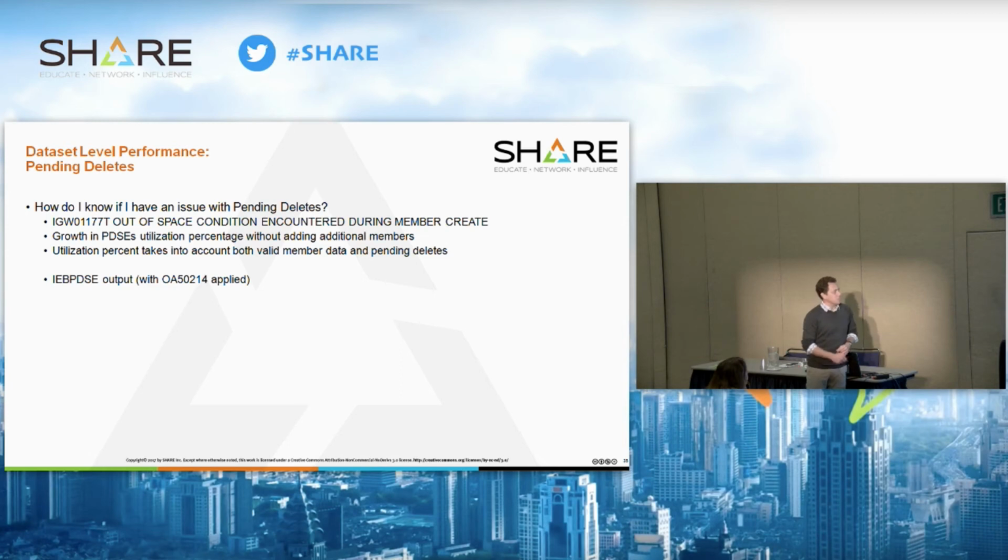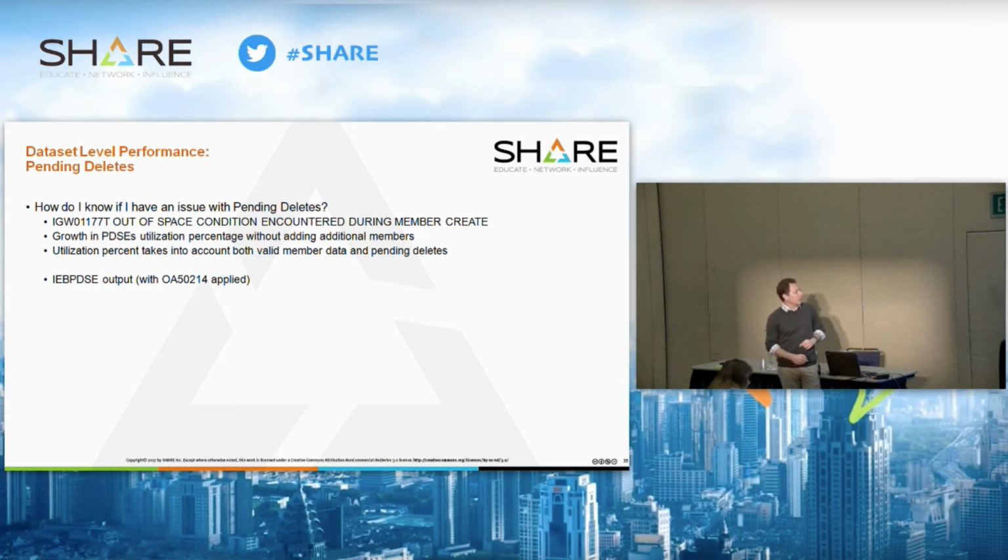That's because your utilization percentage in the I display takes into account both your current member data and whatever pending delete data is still in the data set. So depending on the number of pending deletes, your 50 members could take up 25%, 50%, or 90% of the usable space in that PDSE, depending on the quantity of pending deletes left behind.